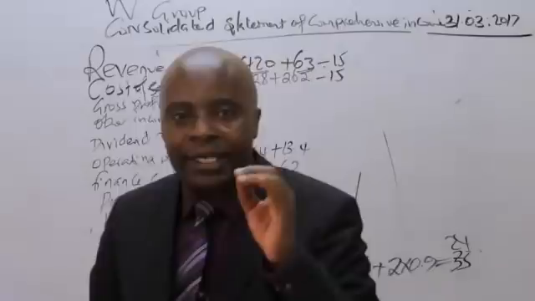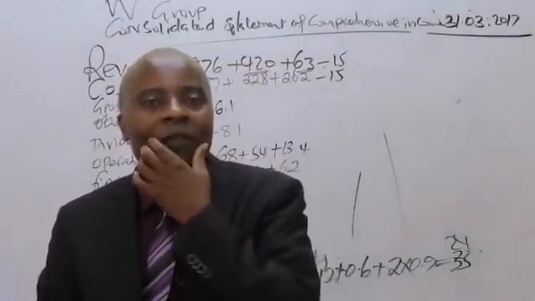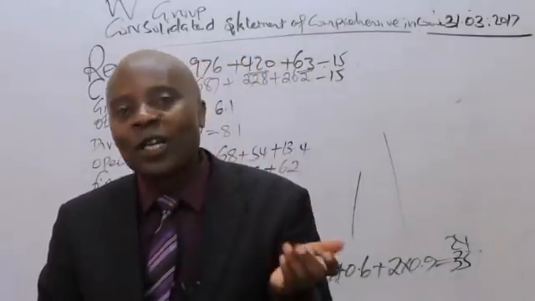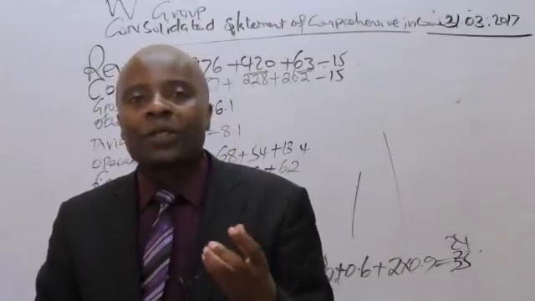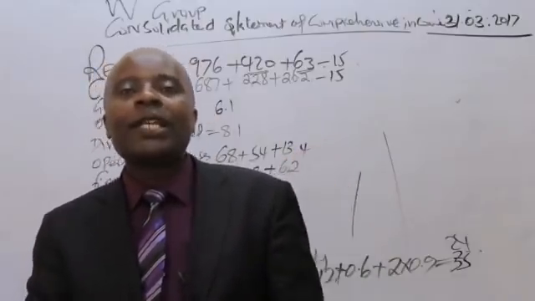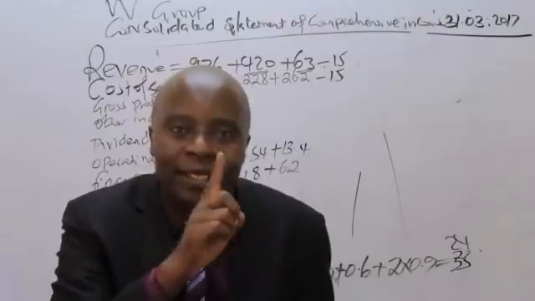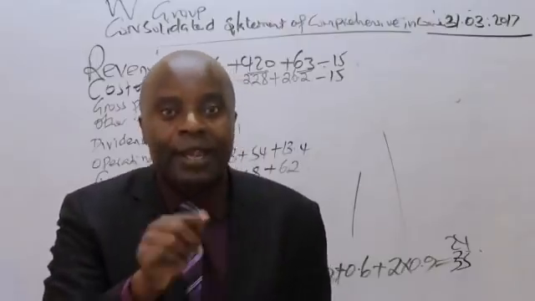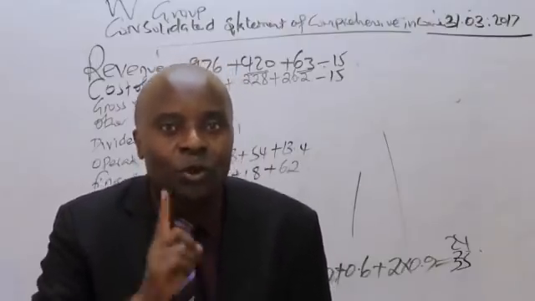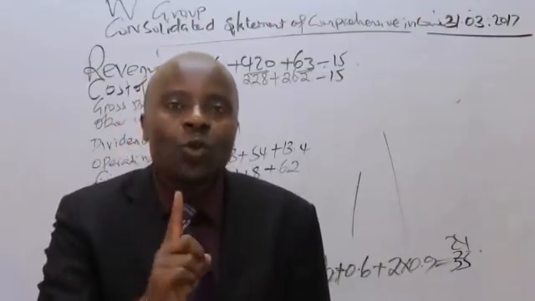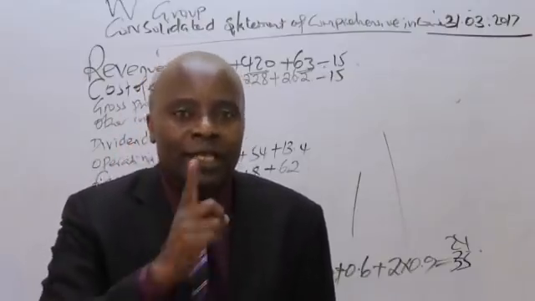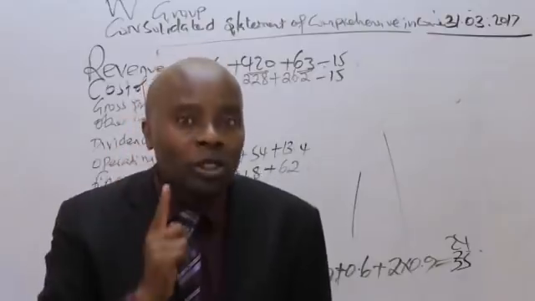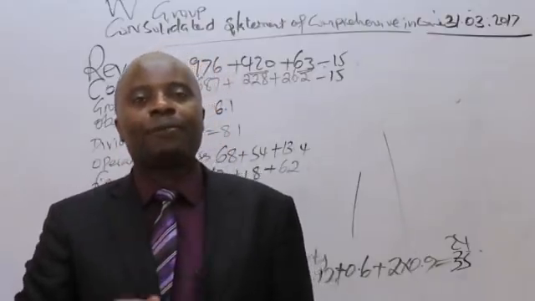The very first thing that you should always look for when looking at the group income statement is this: if there is any intra-sales, intra meaning internal, what should you do? Always go to the group sales, subtract, and to the group cost of sales, subtract.